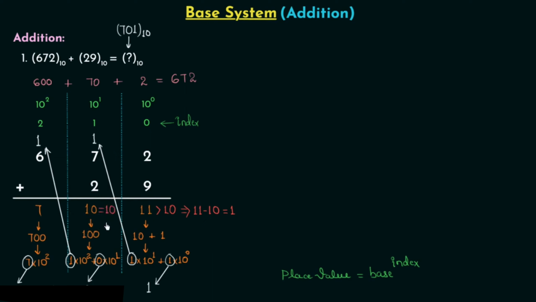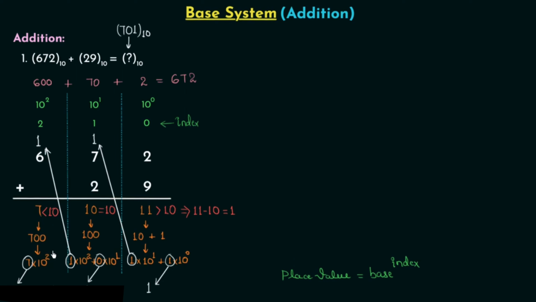So we can see that when the result of addition is equal to the base, then also the carry is generated, and the intermediate sum will be equal to 10 minus 10, giving us 0. And the final case is when the result is less than the base of the number system. No carry is generated in this scenario, and the intermediate sum is equal to this result itself.